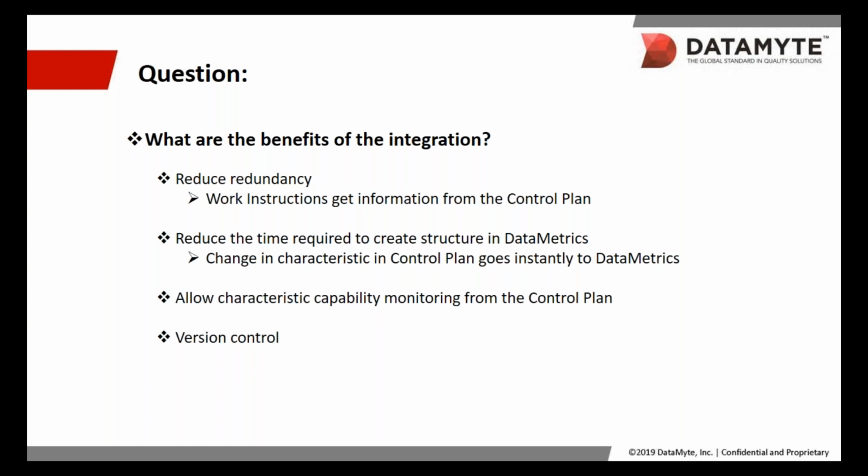We can begin the process of updating the control plan and then perhaps have a delay when we know that the new control plan is going to be generated. That allows us to get that capability monitoring for the control plan coming back into the Quality Planning Studio. And that also allows us to maintain the version control between our DataMetrics and our Quality Planning Studio. So the control plan might not yet be released.